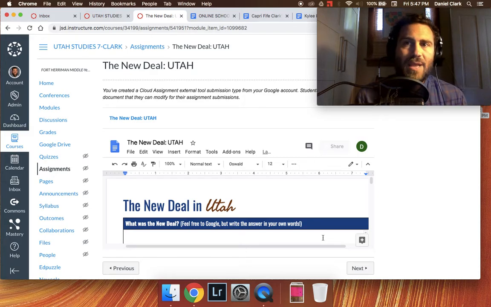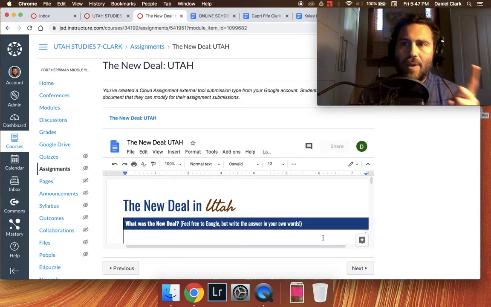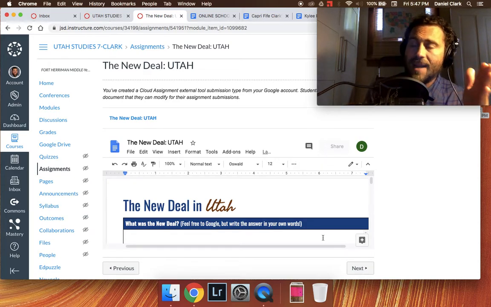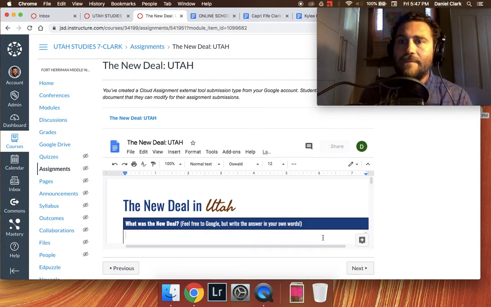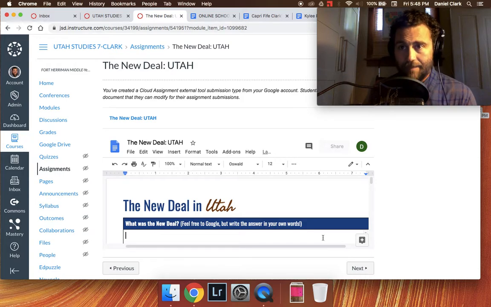FDR went on a platform of saying that we are going to give you guys a new deal and that Americans need jobs. And so the federal government went into debt providing these jobs for people through a variety of what they called alphabet programs, such as the WPA and the CCC.